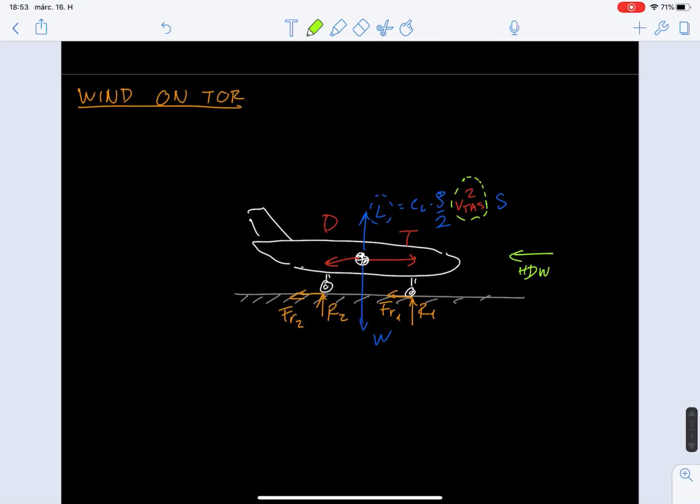So if you have a headwind, you will reach the liftoff speed at a shorter time, basically. And so distance is velocity times time. And in this case, the takeoff run would be a ground speed times the time it takes for you to reach from the brake release point the liftoff.